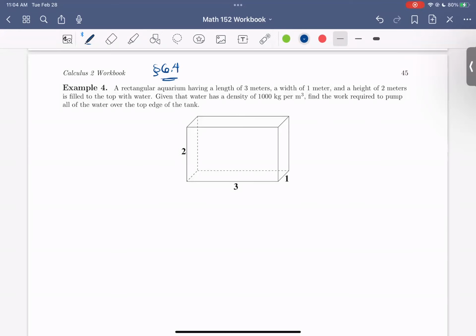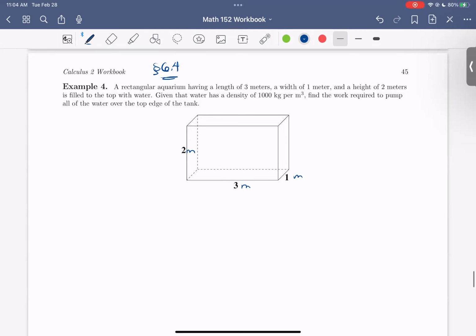Okay, so in this situation, we're given a rectangular aquarium having a length of 3 meters, a width of 1 meter, and a height of 2 meters. And we're told that it's filled to the top with water. Given that the water has a density of 1,000 kilograms per meter cubed, find the work required to pump all of the water over the top edge of the tank.